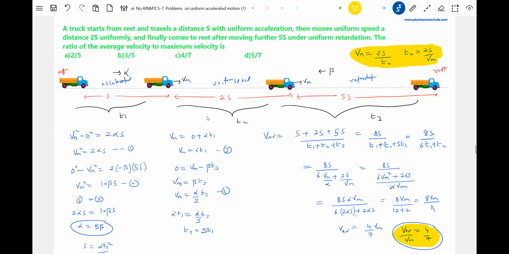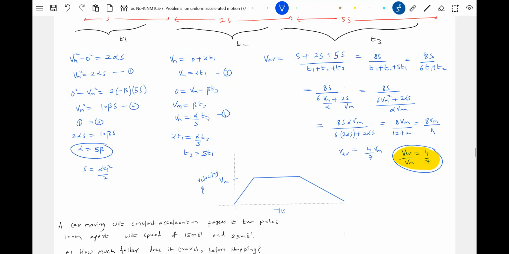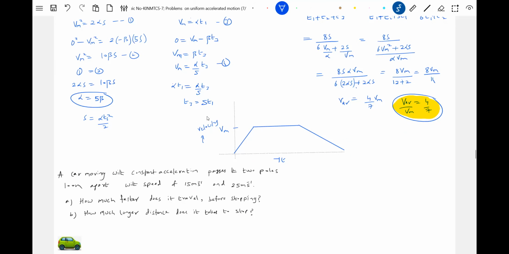First it will be acceleration, then uniform velocity motion, then retardation. I'll show some rough graph. What about the s-t graph?